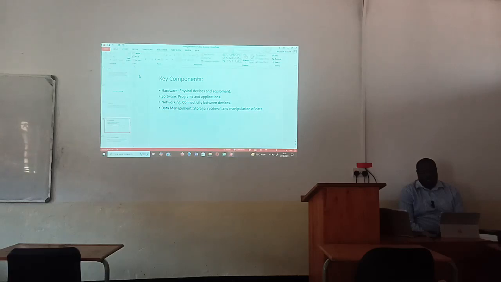Oh, data storage. Then we were talking about cloud storage. Apart from cloud storage, you also have things like hard drives. Those are used to store information. Then you have compact discs or digital versatile discs, DVD. All those are also used for storage.